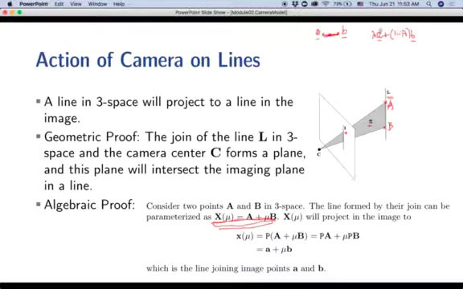If lambda is exactly 0, then I am at B, and if lambda is exactly 1, then I'm at A, right? So this is a parametric form of a line. Lambda is like a knob. You turn this knob and you will move along the line.